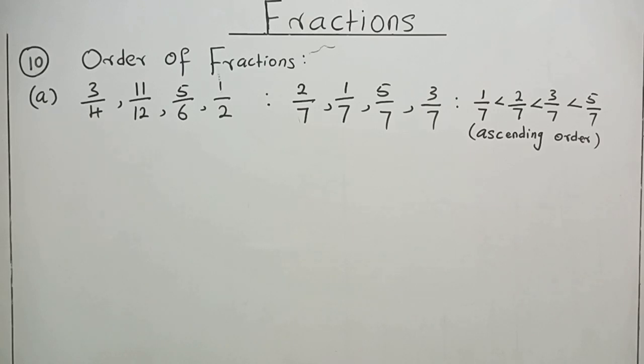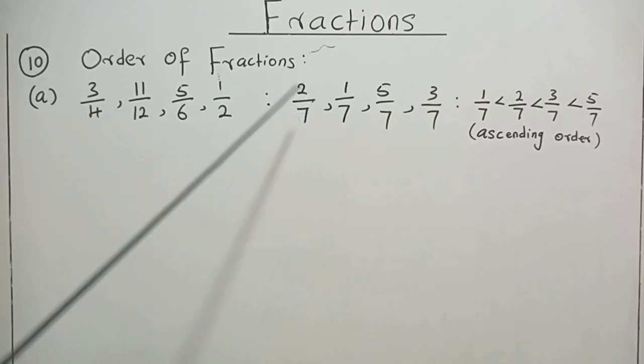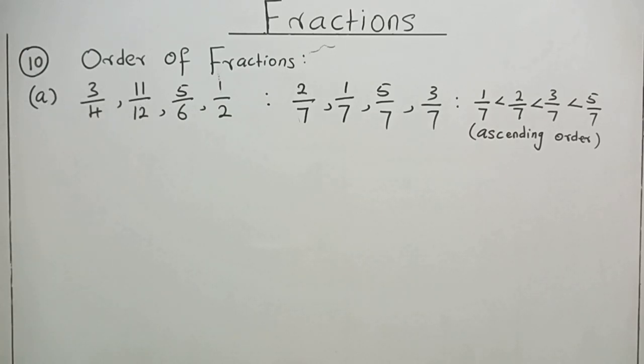What it means is that it won't be as easy as this one was to arrange. What then if we insist on arranging these fractions? The only way is to make all these fractions possess the same denominator. Is it possible to do that?